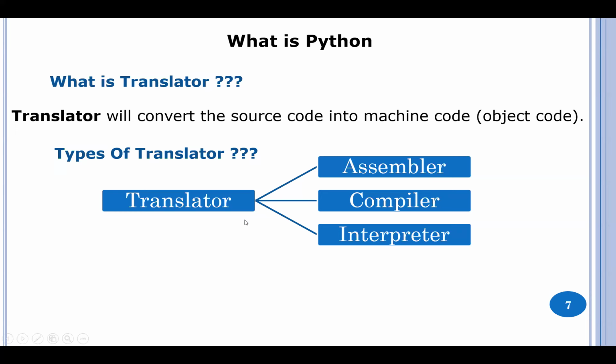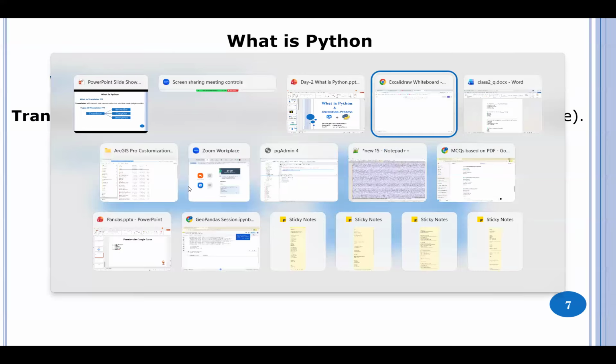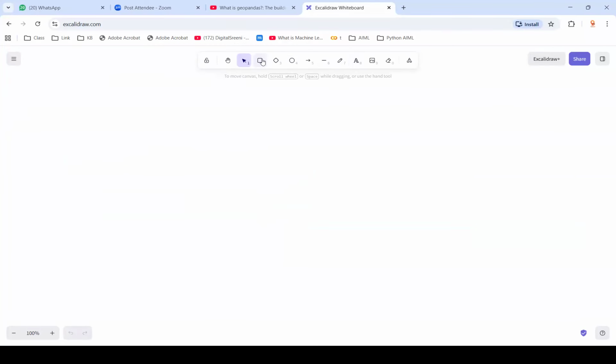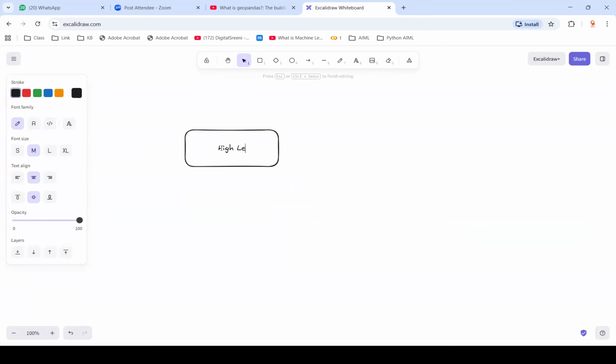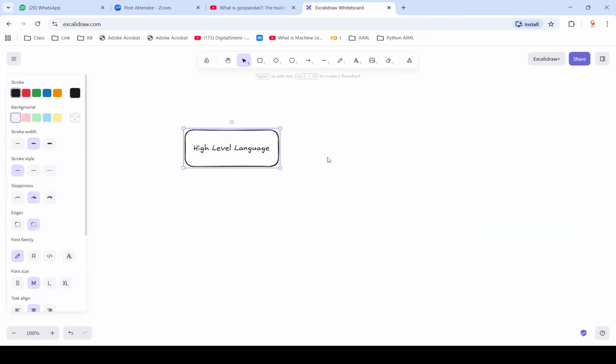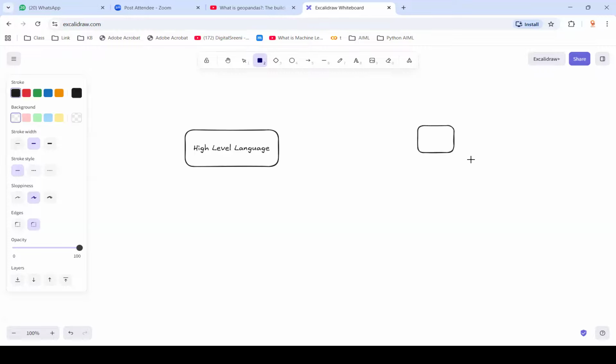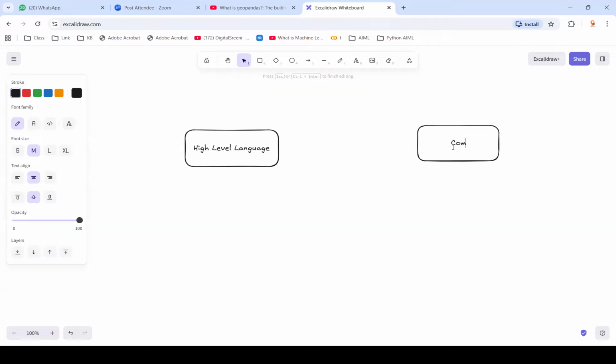Now after that, coming to the high level language. When we come to the high level language, there are two things, meaning two ways of translating. Let's suppose here we have high level language, and as you know, computer will understand only 010101.